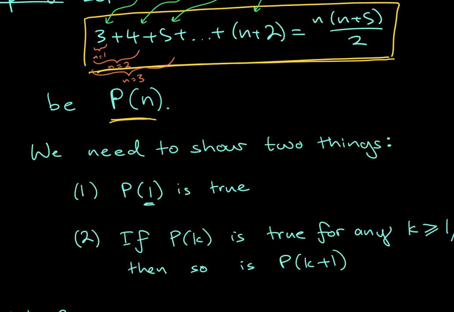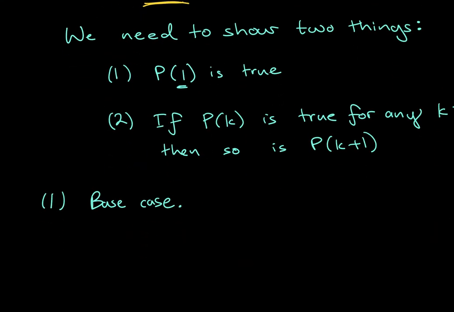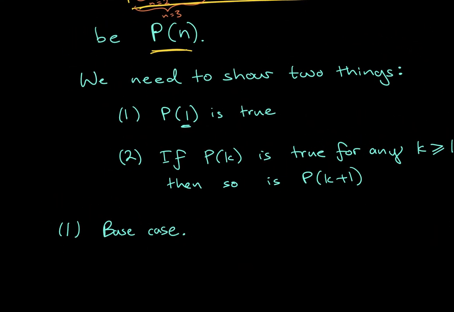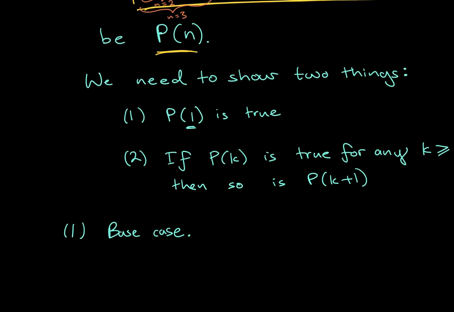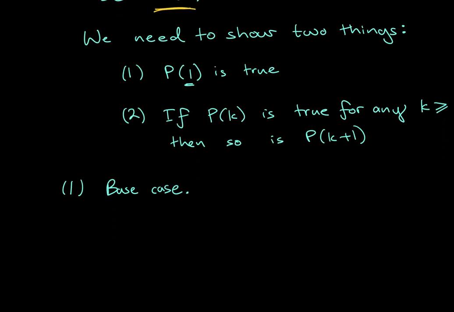So we want to check the n equals 1 case. We're replacing n with 1. We want to replace this n with 1. That's what we need to do. We need to show that P of 1 is true.